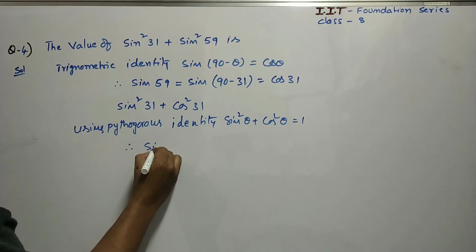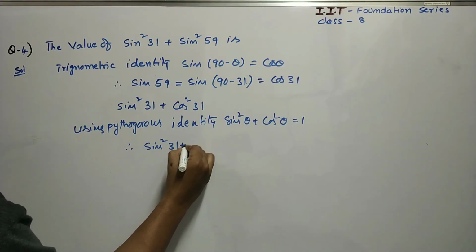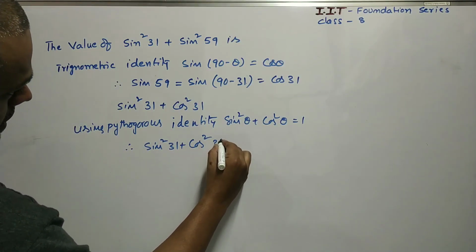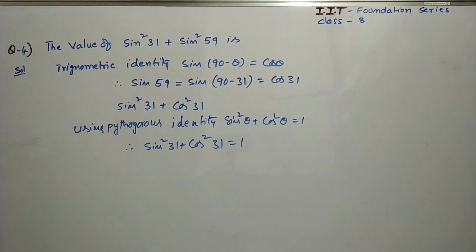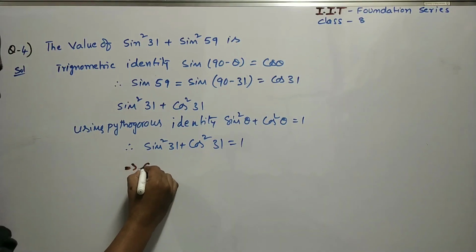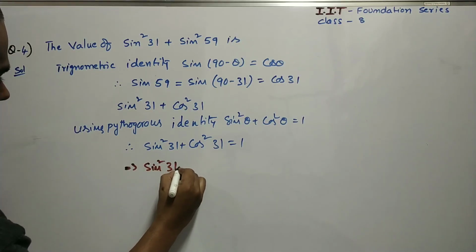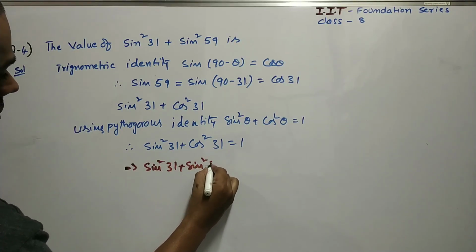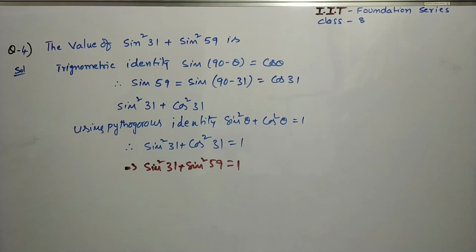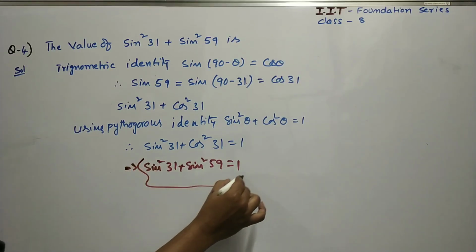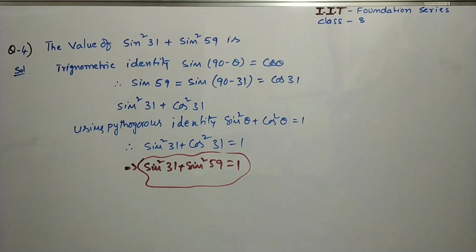Therefore, sine square 31 plus cos square 31 is equal to 1. That means sine square 31 plus sine square 59 is equal to 1 only. Okay, right. This is the answer for this question.